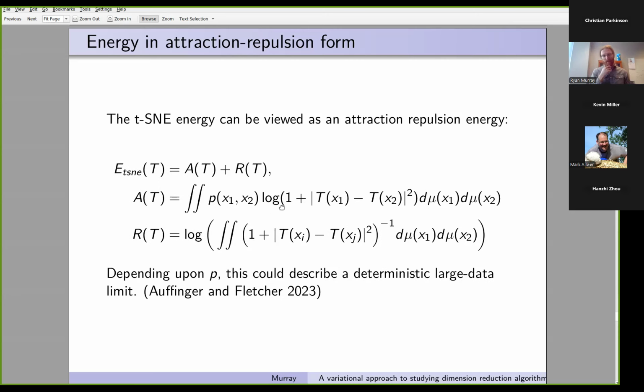And depending on the choice of P and how it scales as I collect more and more data, this is a very natural candidate for a deterministic large data limit that you would see as you gathered more and more data. This particular model, for certain choices of hyperparameters, was studied by Alfinger and Fletcher in the past few years.